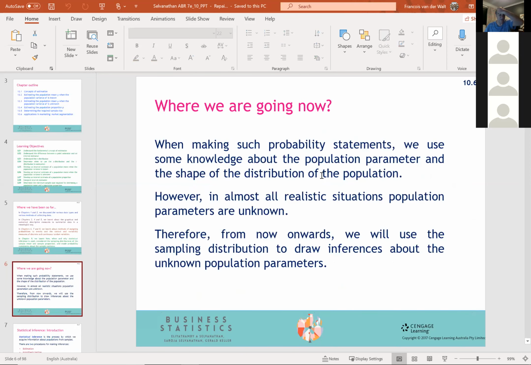So in the end, we want to come up with probability statements, and you've heard me already talk about it this evening, where I said we want to estimate the average or the mean score for all the students, and say it's between this value and that value, two values. With 95% certainty, that's a probability.